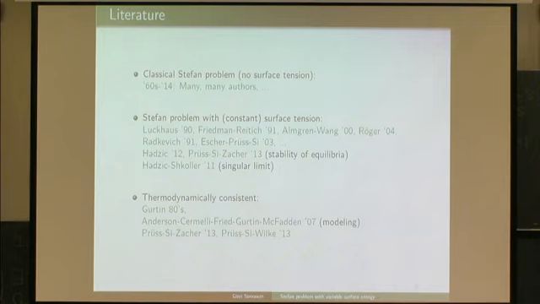These are contributions dealing with equilibrium stability and also well-posedness. And this is a contribution looking at what happens if you, for instance, send sigma, the surface tension, to 0. If it comes to the modeling, Gertin has done a tremendous number of papers with modeling aspects. This is an interesting paper, and also some modeling comes out of our own papers.